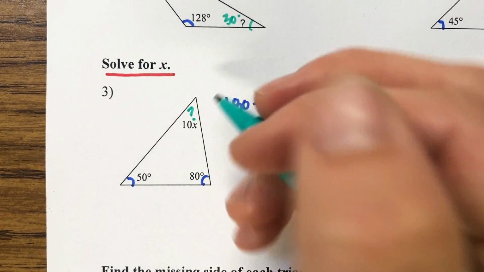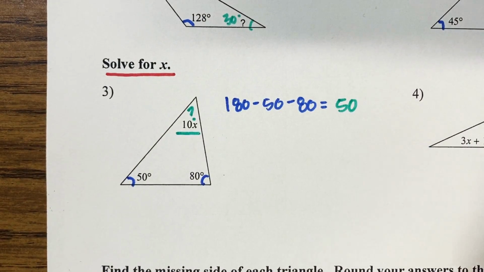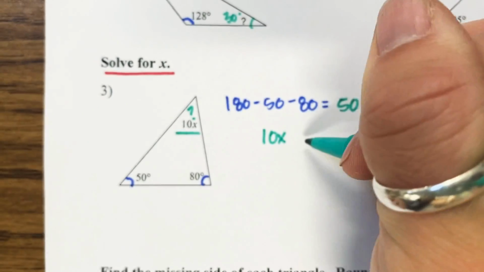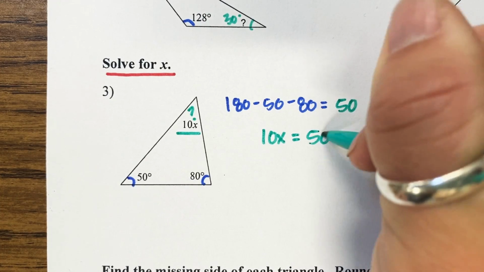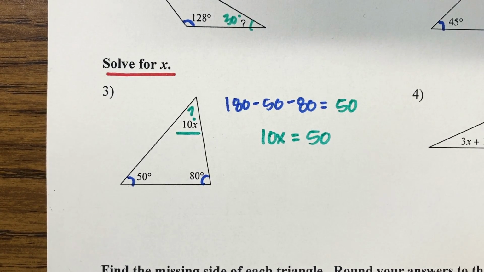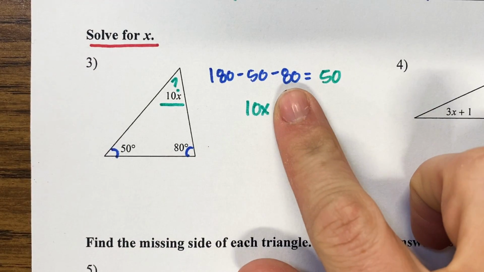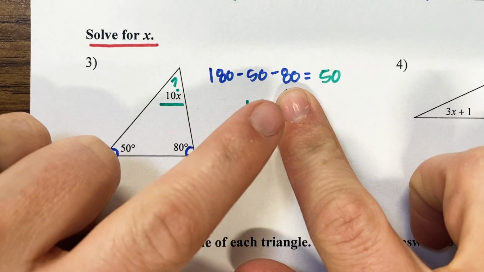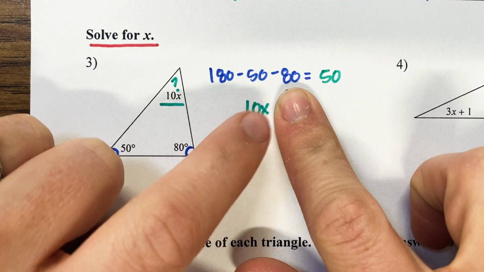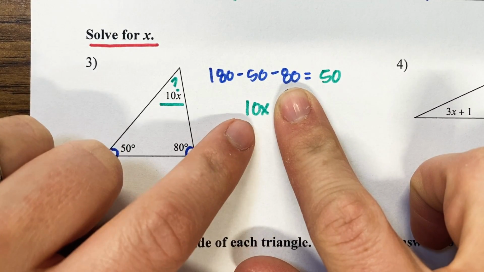In order to solve for x, we're going to take what's inside that angle, which in this case is 10 times x, and set it equal to what we found, 50. Now we can go ahead and solve for x. There's only one thing we have to undo in order to get x by itself, and that is the opposite of times by 10.